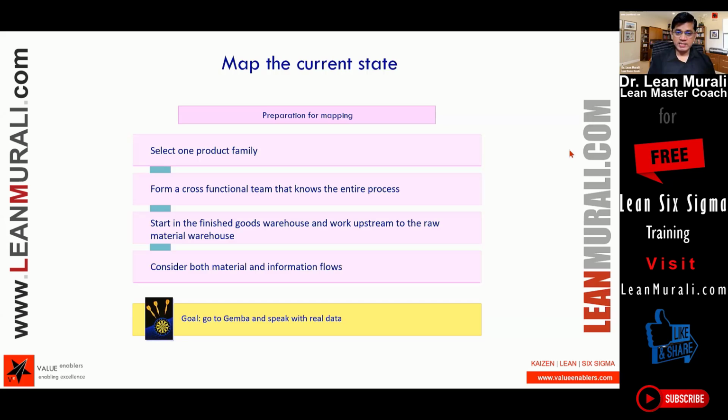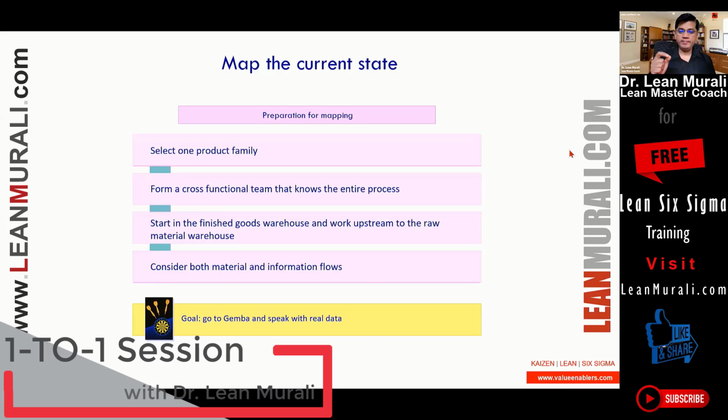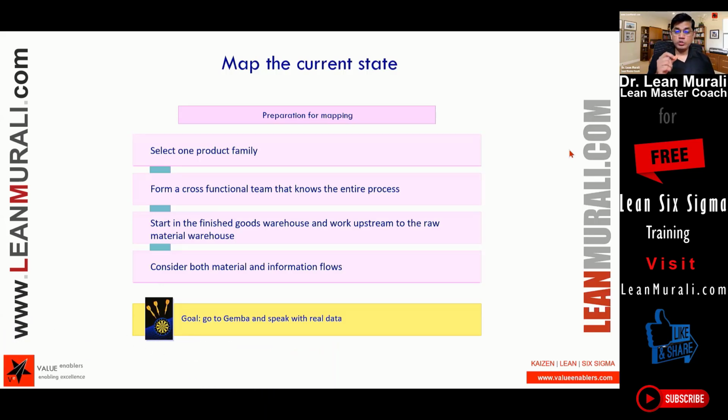The second is, since the raw material is flowing in front of you, you have to walk upstream. You will be able to connect the most representative data. But if you go from raw material to finished goods, something might always go forward and it may not give representative data.